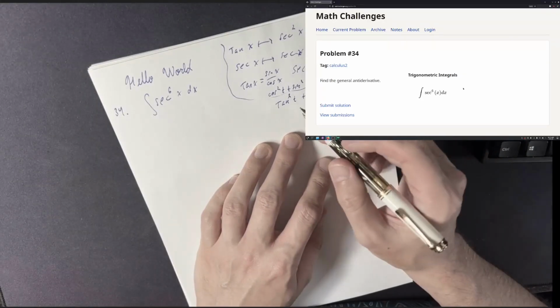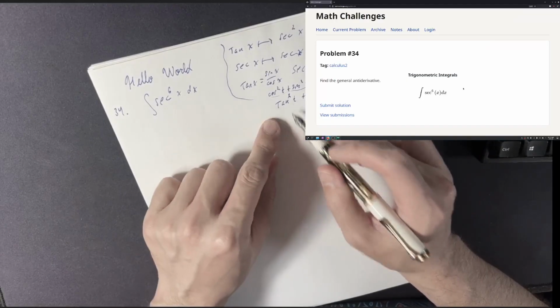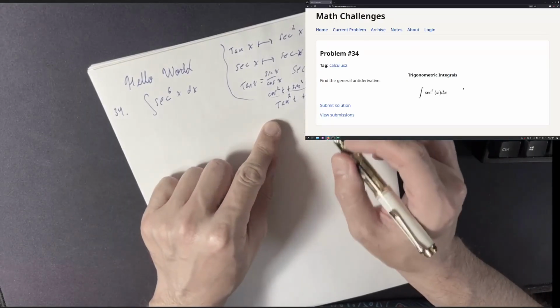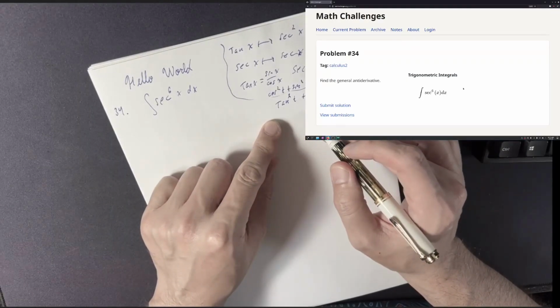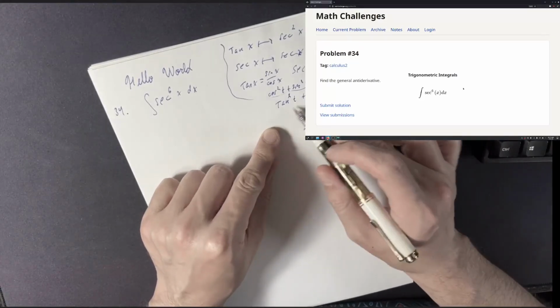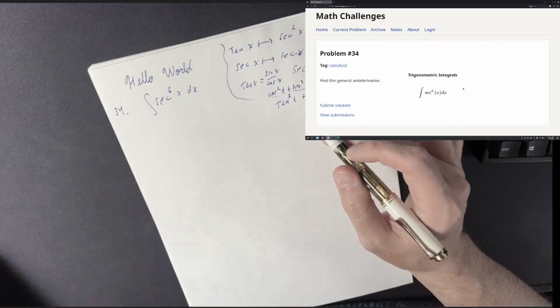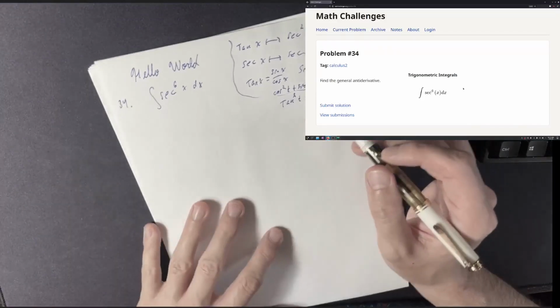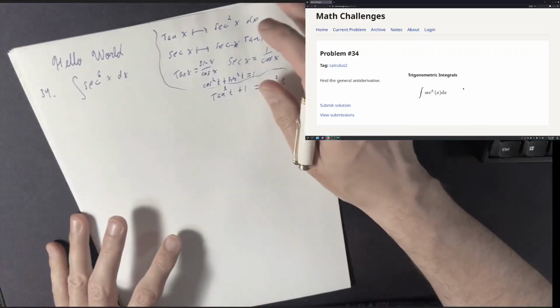Because this is sine squared over cosine squared, so if you add cosine squared over cosine squared, you get 1 in the numerator. You get 1 divided by a denominator of cosine squared.